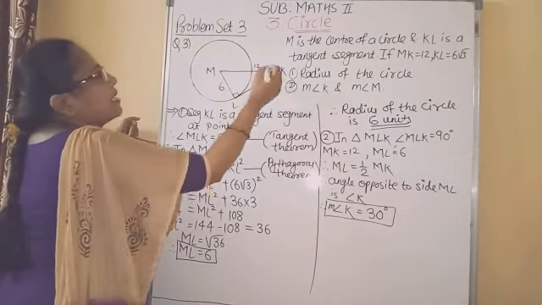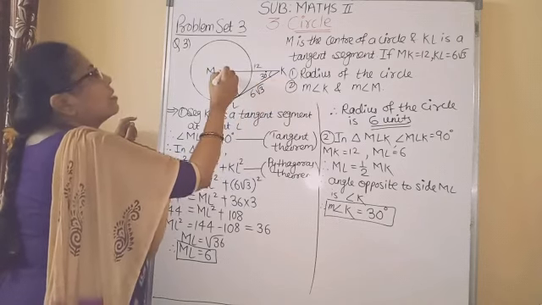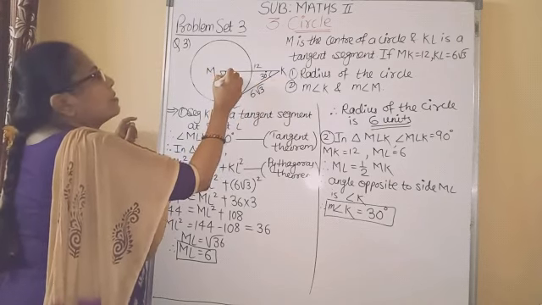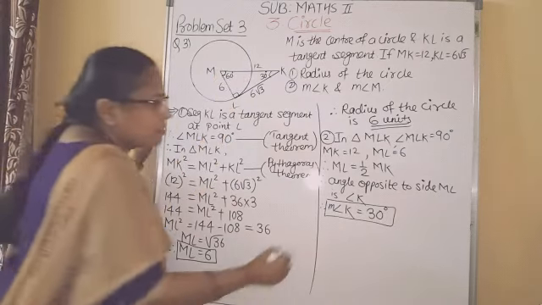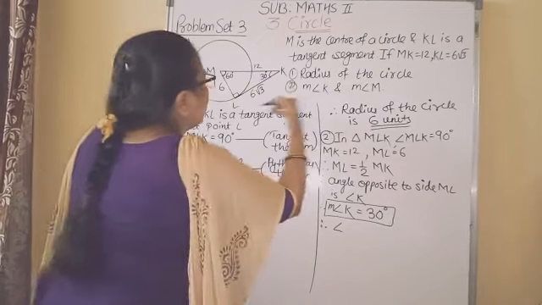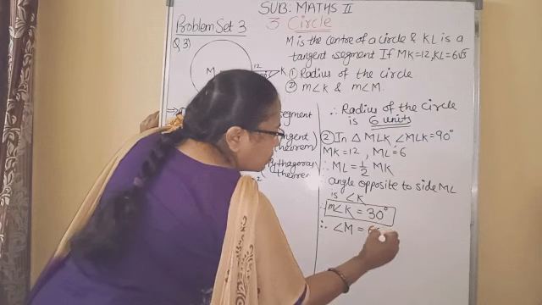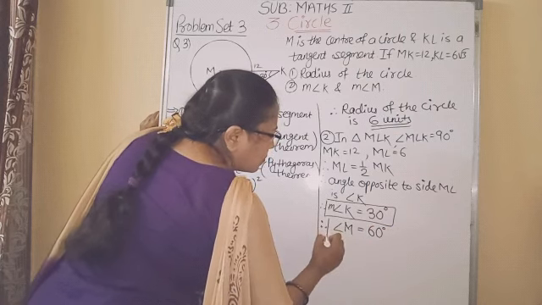So in this right angle triangle, one angle is 90 degree, other angle is 30 degree. So the remaining angle is 60 degree. Therefore, angle M is equal to 60 degree.